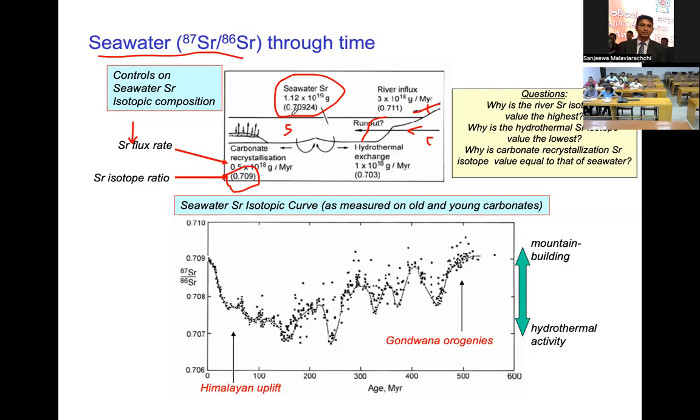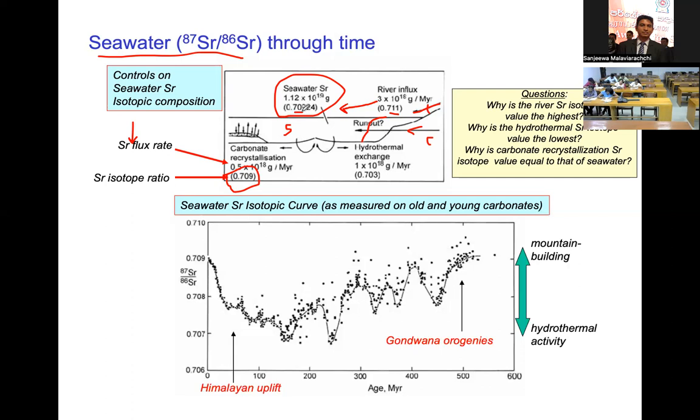River flux always has a high isotopic composition, because you have a lot of sediments coming from crustal rocks. Crustal rocks contain high strontium values, so their isotopic composition is always high. But when it comes to the ocean, with time, they will get diluted, and the average seawater isotopic composition will evolve to a value like this. Again, it's a mixing-like process, like in the magma chamber.